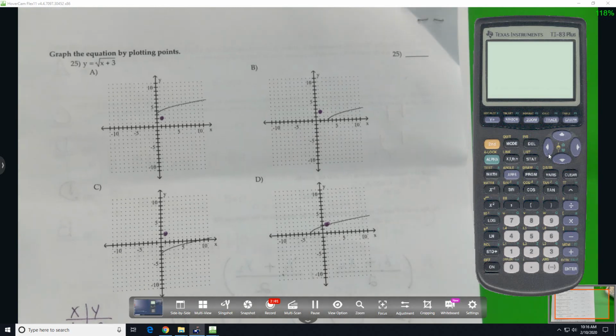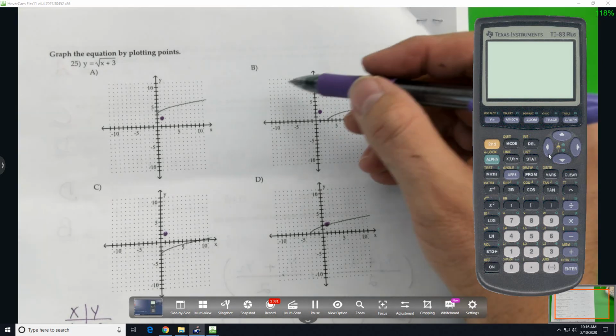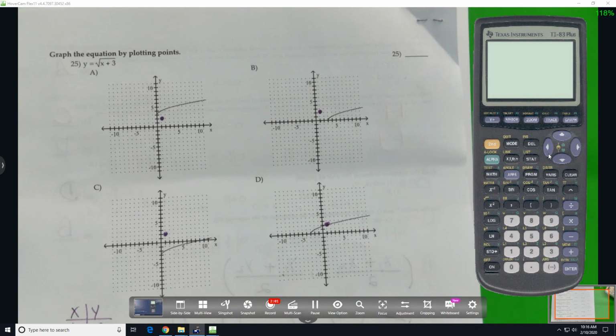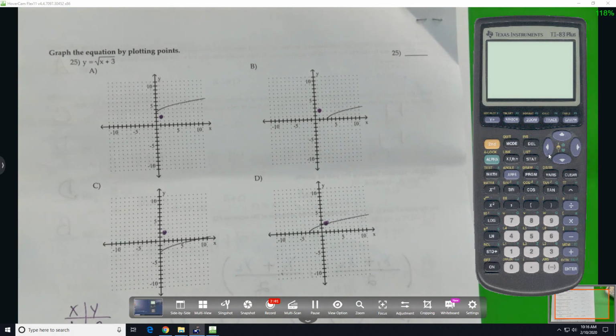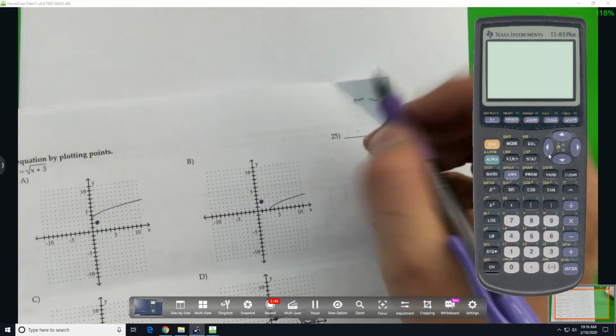So there's another point. If you want to see which graph has right 6 up 3. Okay? But we've done it with just that one. It's up to you which numbers to plug in. Okay? Oh, so I forgot. Which one do I write there? The answer D. Okay.